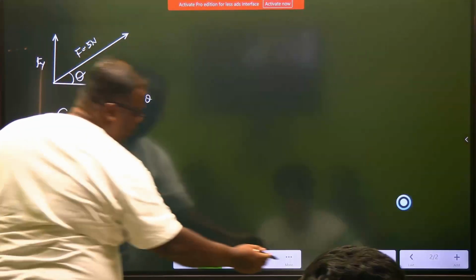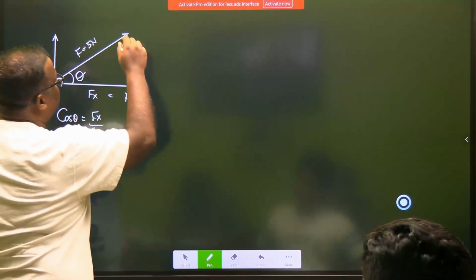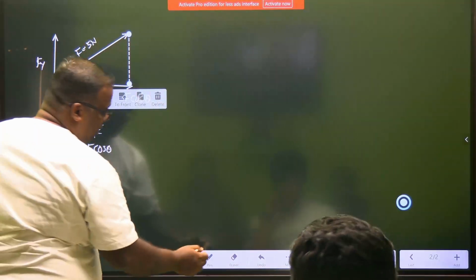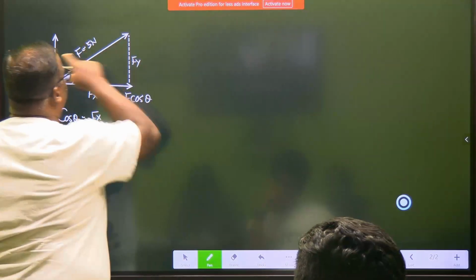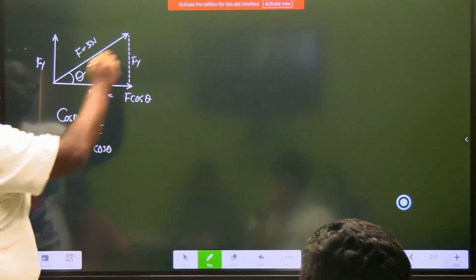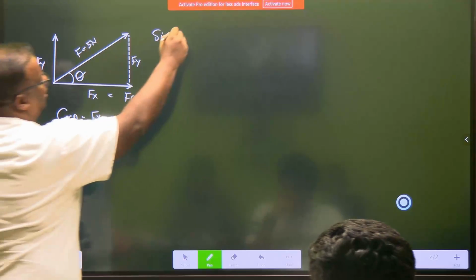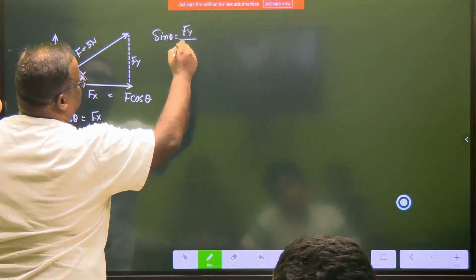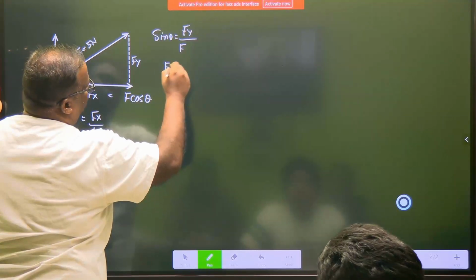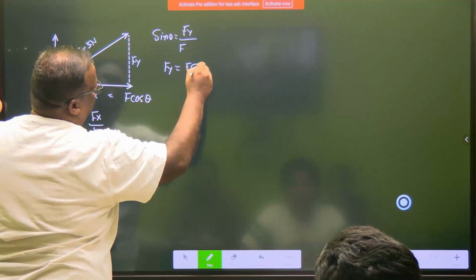I can't calculate this directly, but I'll complete this triangle. And in this triangle, this is also the value of Fy graphically. Right? Now you take sine. Sine theta is opposite side Fy by hypotenuse F. So my Fy is always F sine theta.